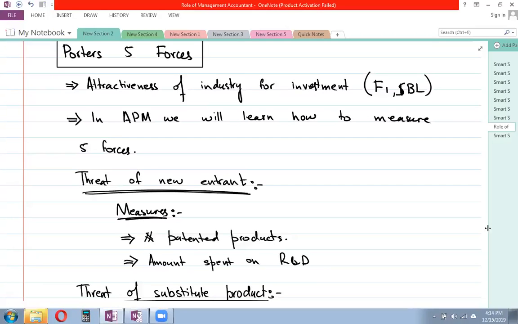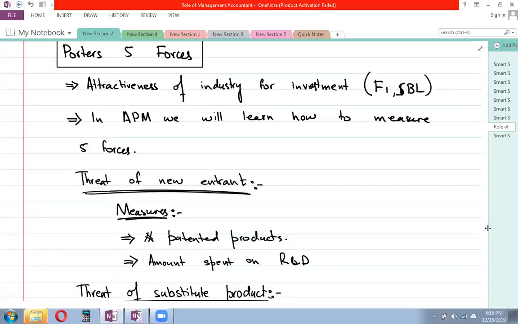And according to that, you can make your strategy, like what should be your discount strategy, or what should be your switching cost for the customer strategy, and different other things. What should be your advertisement? How much should you spend on advertisement and research and development, right?